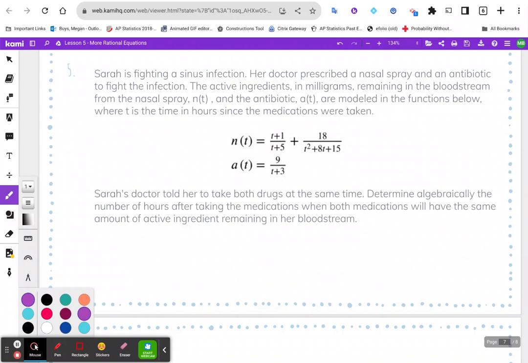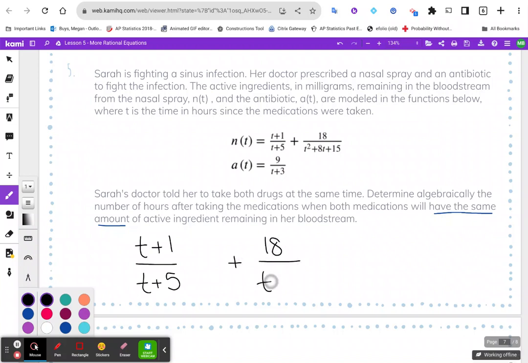So first thing is to not overthink about this. Have the same amount. So when I see you have the same amount, I know these should be equal to each other. So that's exactly what I'm going to do. I'm going to have t plus 1 over t plus 5 plus 18 over t squared plus 8t plus 15.